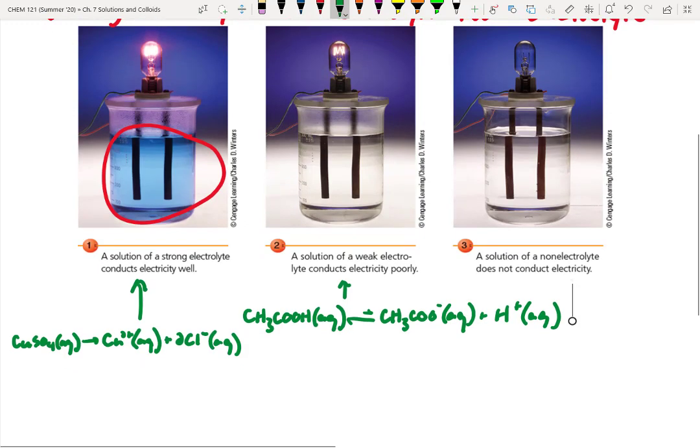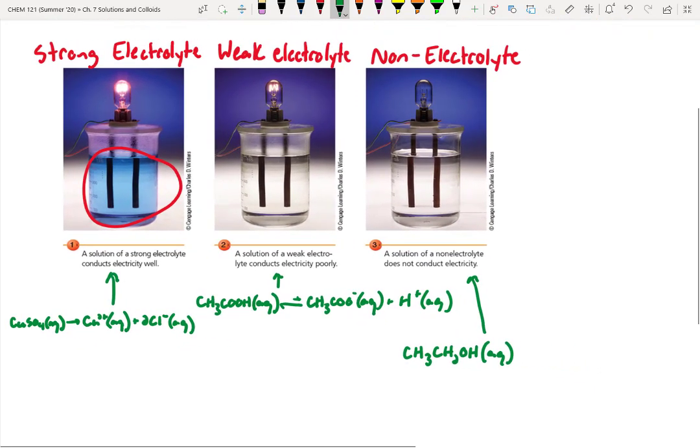Okay, and then last but not least, we've got this one over here. And I'm just going to kind of tuck this underneath. This would be something like ethanol, CH3CH2OH. If we have this aqueous, it does not dissociate one bit. All right, it just kind of hangs out by itself.